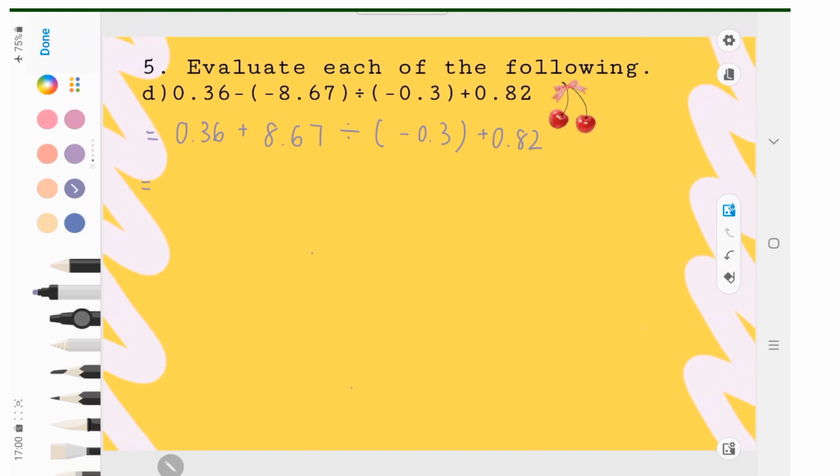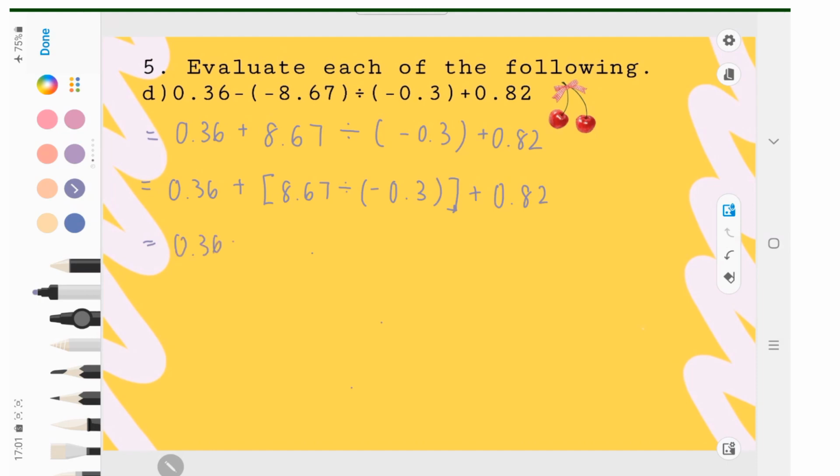Then we solve the divide first. 8.67 divide negative 0.3 is negative 28.9.